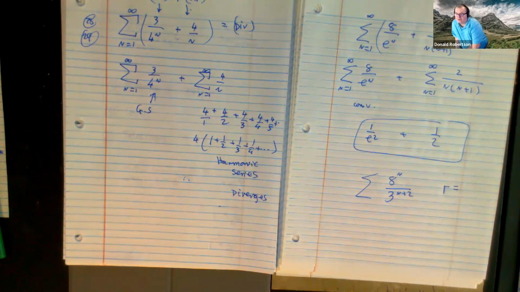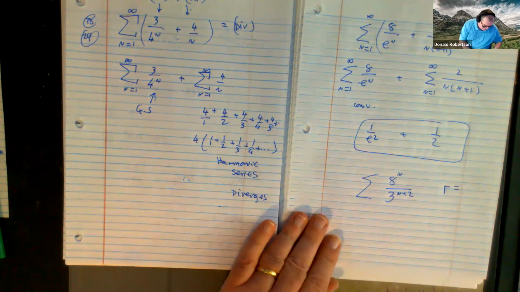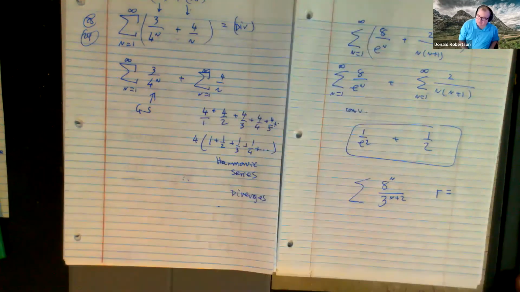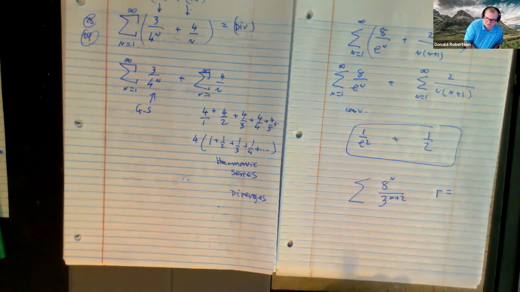Suggestions. What would the common ratio be for this one? Pretty straightforward. There's nothing sneaky about it. It's actually very straightforward once you see it.